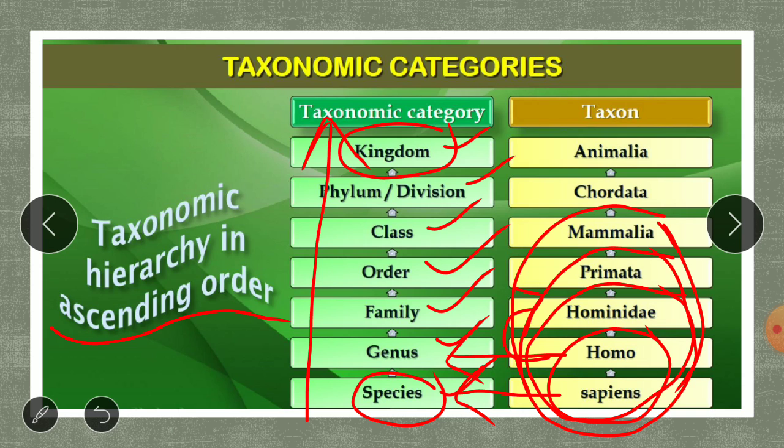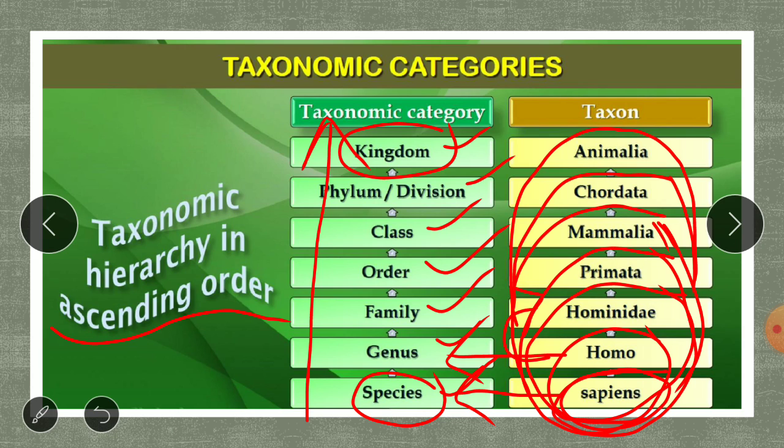Many of the mammalians together belong to the phylum Chordata. Many of the Chordata together belong to the kingdom Animalia. So when we talk about Homo sapiens, only the sapiens is the name of the humans, which particularly tells us that we are human beings.